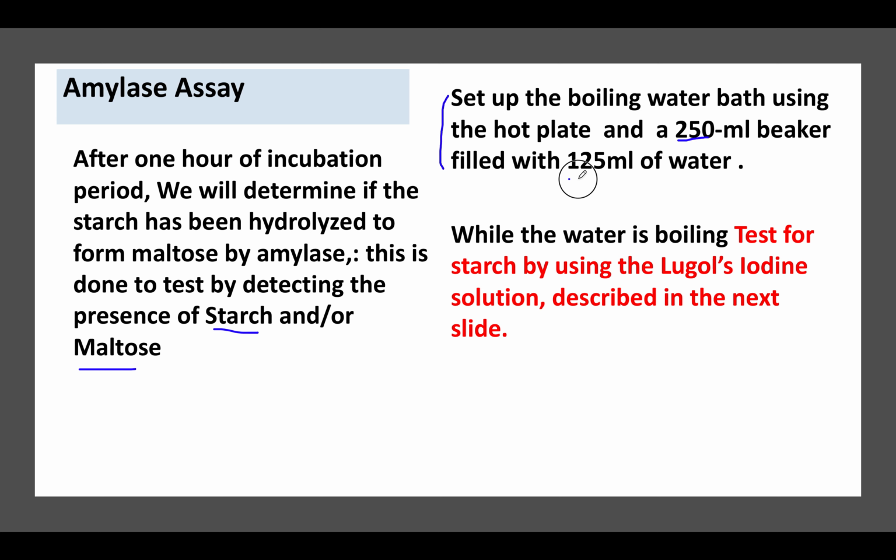We put 125 milliliters of water and wait until it's boiled. Meanwhile, while this is being heated up to boil, we check for the starch by Lugol's solution. So we're checking for starch and we're checking for the presence of maltose.